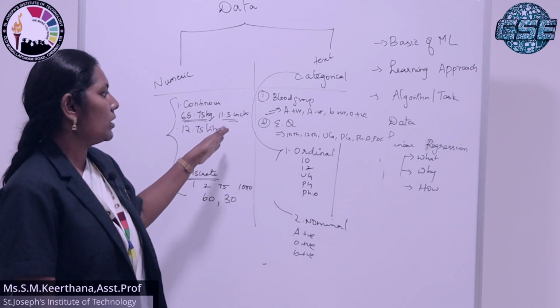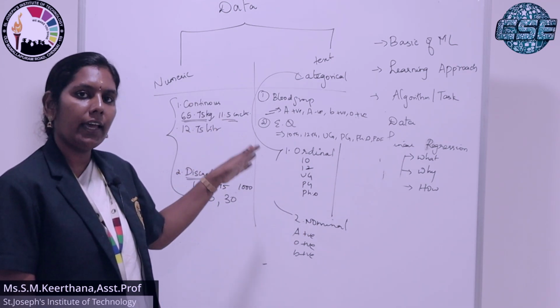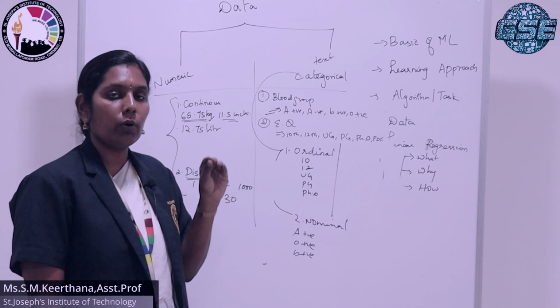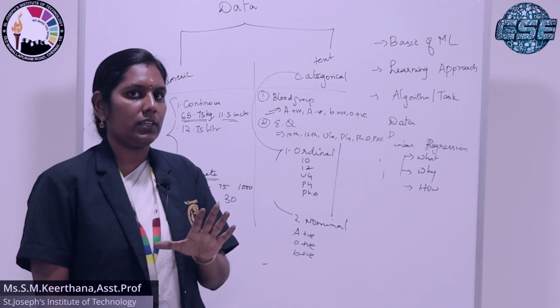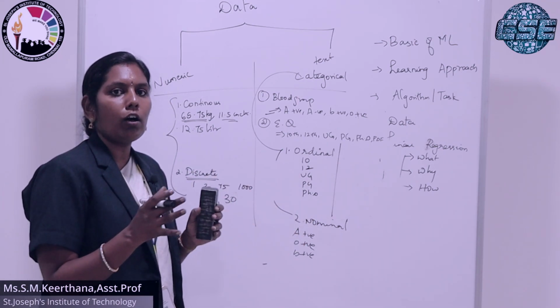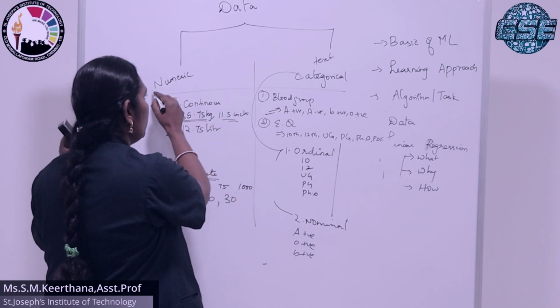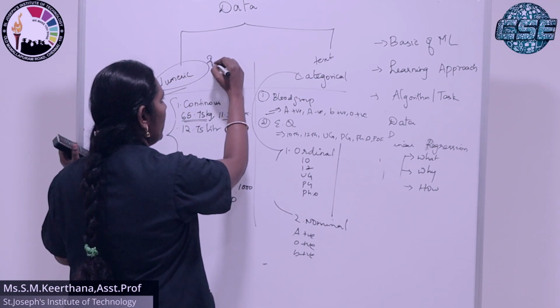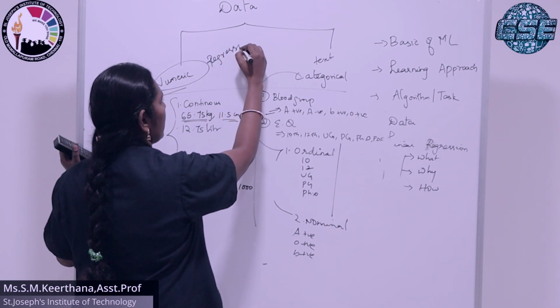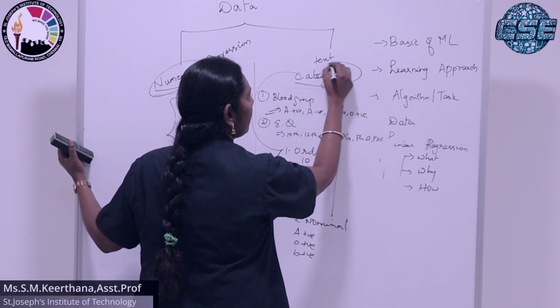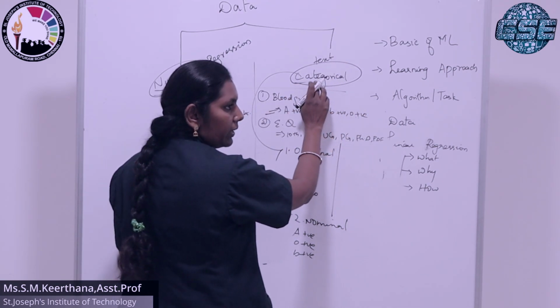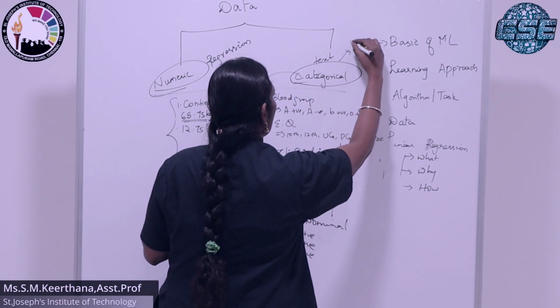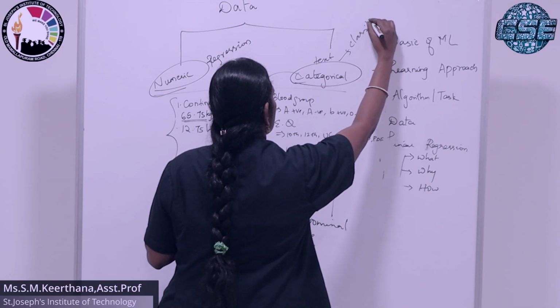Based on this data, I will be able to identify that. If the output of my problem statement is going to be numeric, then it falls under a regression task. If the output is going to be some category, then it is a classification task.